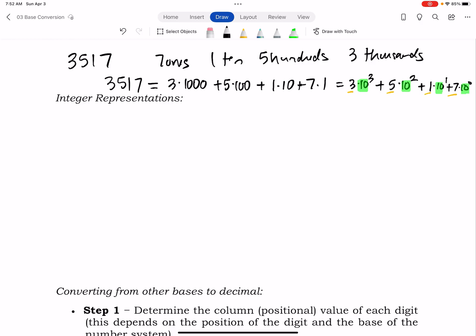If I want to use a different base, let b be an integer greater than 1.